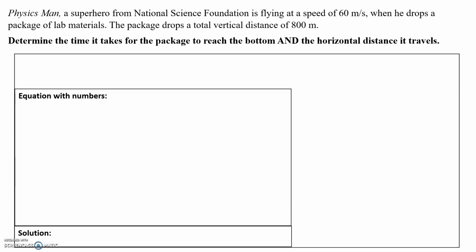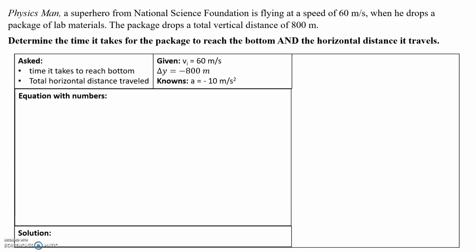Okay, so as always, we are going to write down our givens and what we have been asked to find. We have been asked to find the time it will take the package to reach the ground, and the total horizontal distance that the package will travel while it is still in the air before it hits the ground. We have been given that the initial velocity is 60 meters per second.